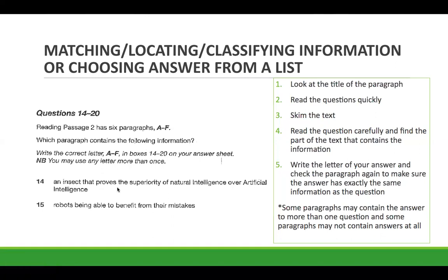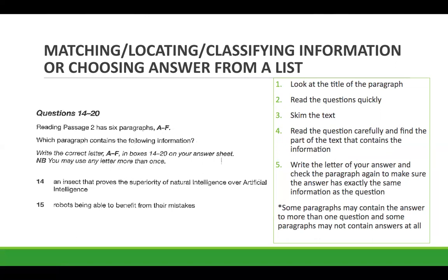So, an insect that proves the superiority of natural intelligence over artificial intelligence. Where can we find it? Robots being able to benefit from their mistakes. So, our approach is look at the title of the paragraph, read the questions quickly, skim the text. Read the question carefully and find the part of the text that contains the information.